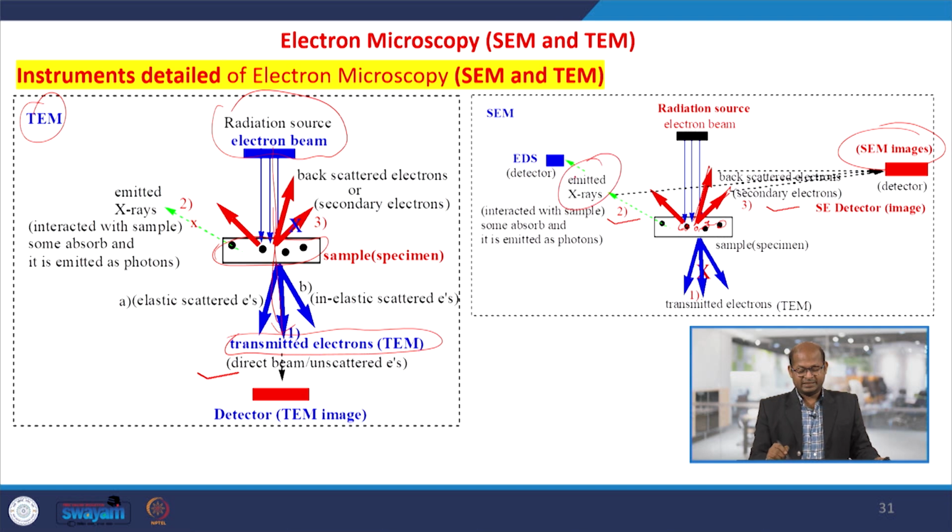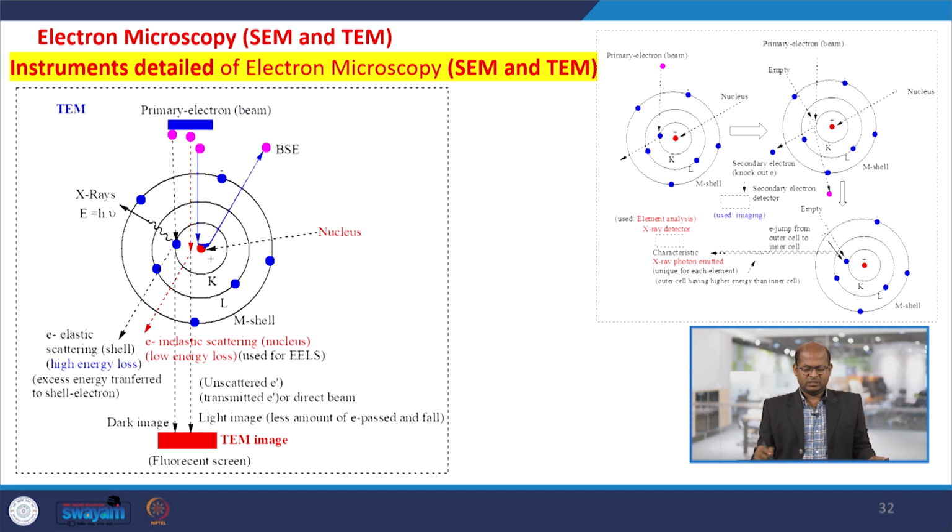Some light or X-rays are also emitted. With that, we can do EDS analysis with the same instrument, on the same image. Here you can read it, but I am not going to discuss how the electron beam interacts with the shell electrons and how we get the image and the X-rays for EDS analysis.